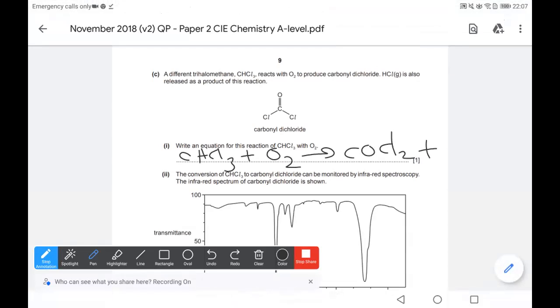No, they say HCl gas is another product. So HCl. Not balanced. You have to put 2 here, 2 here, 2 here, 2 here. Now it's balanced.